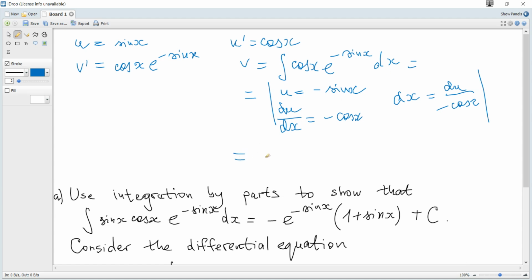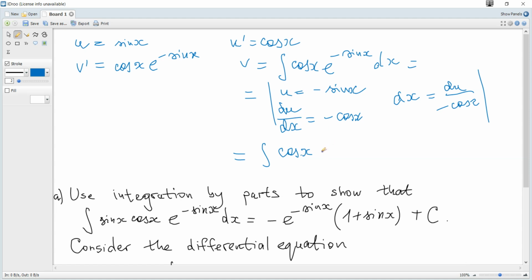So this integral becomes the integral of cosine. We don't hurry to substitute in terms of u, because we know that this method usually gives terms that cancel.